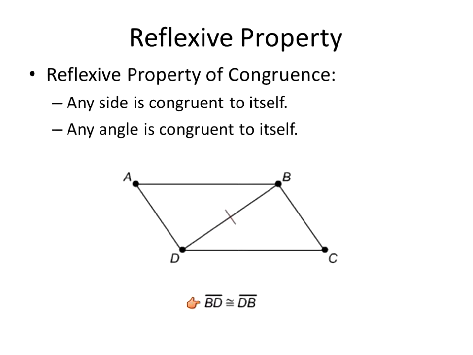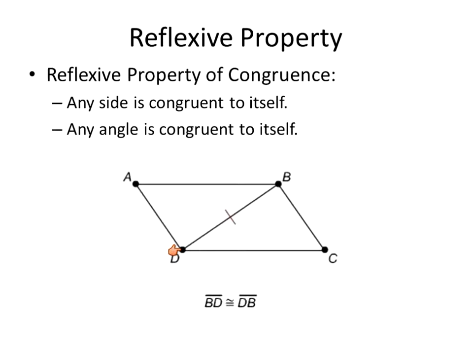And since DB is congruent to BD, it makes sense because it's the same side. DB is the same as BD, it's just that we reverse the order. And remember from earlier, on a line segment you can reverse the order of the letters and it's still the same line segment.